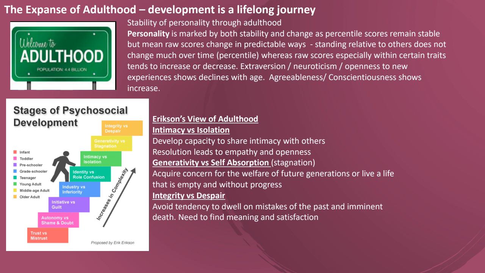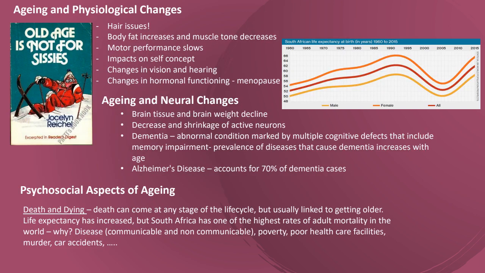We've lived our life with integrity, we're good people, or otherwise you get someone who's just despairing and can't find any meaning in life or any satisfaction. So you can see how those stages of psychosocial development work throughout the lifespan, as Erikson has given them to us.